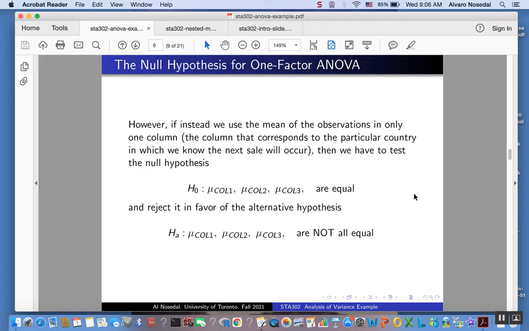Our null hypothesis will be that the means for those columns are the same, against the alternative that at least one of them differs. The mean for one of those countries is not the same.